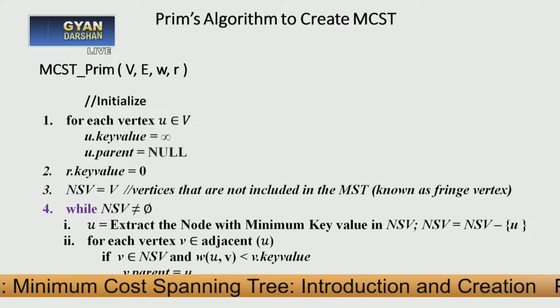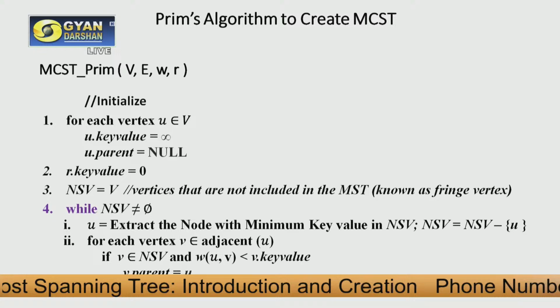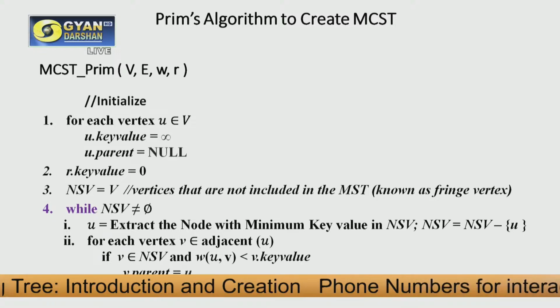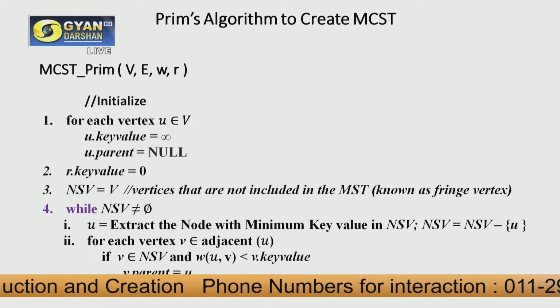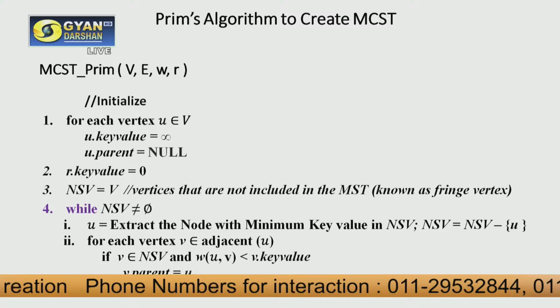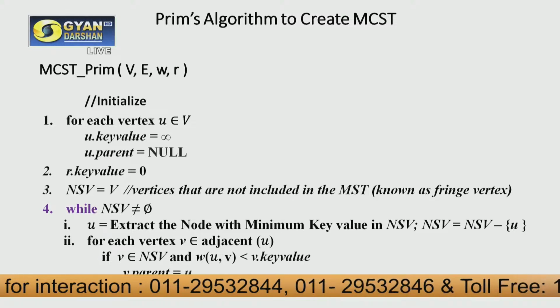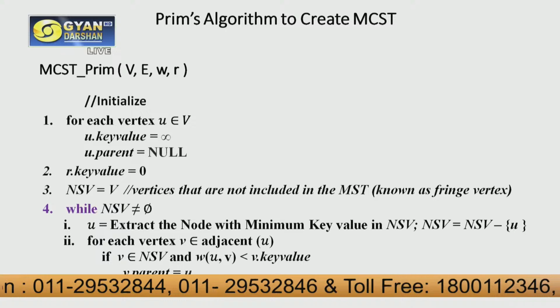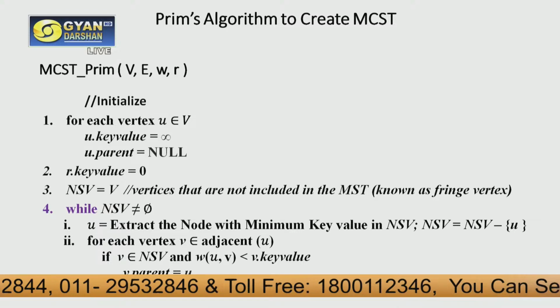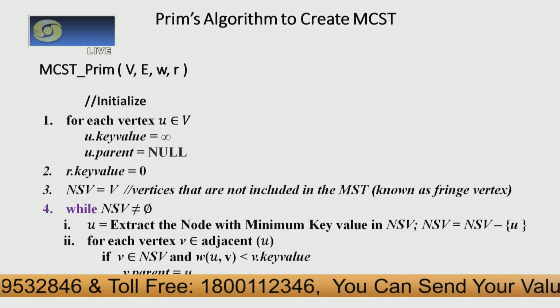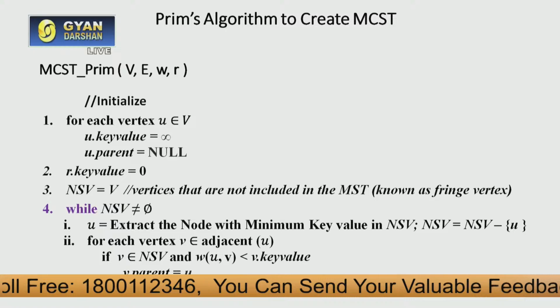So for each vertex V which is adjacent to that particular node U, if V belongs to NSV and the weight from U to V is less than the weight of V, then we modify the weight.